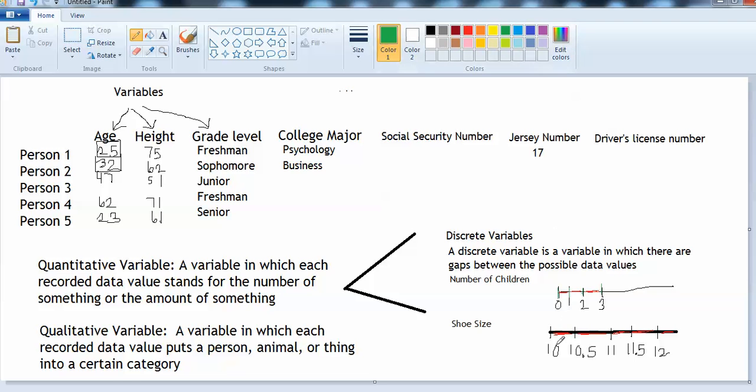So these green points are the possible data values. And we'll talk about a couple more examples.